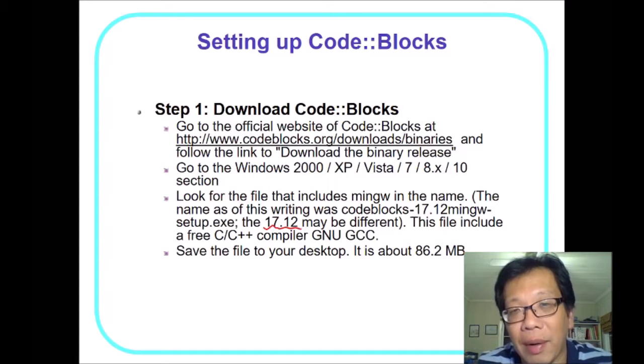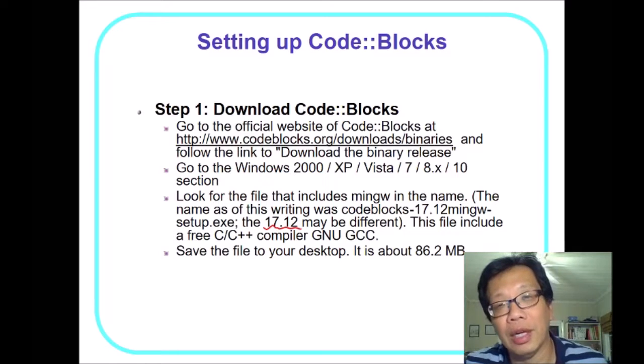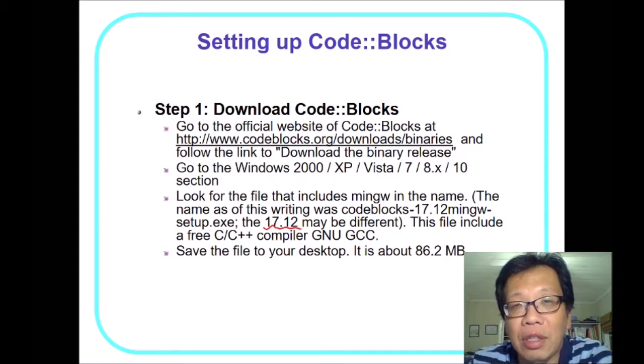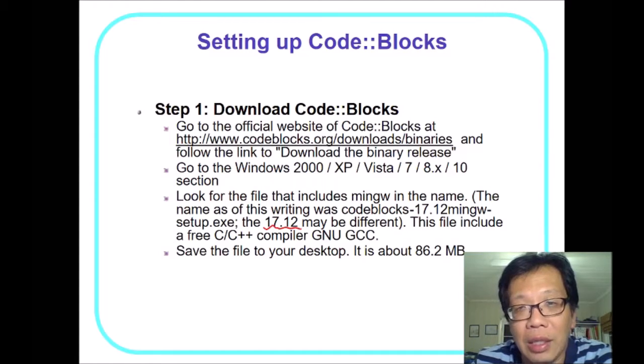The next few slides are going to talk about how to install everything. I'll put another YouTube video over here, so you can refer to that and set up the environment and start your first program. Essentially, this software is free. You can download it from the website, I think it's codeblocks.org.